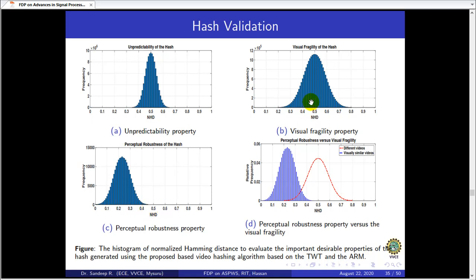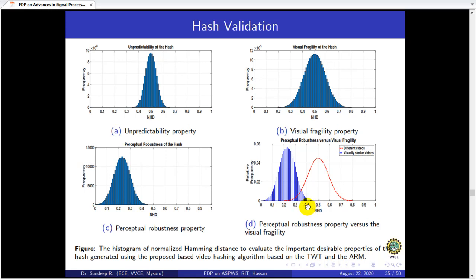Now, if you overlap the histograms obtained for visually similar and visually different videos, you can see that there is an overlap, but the overlap has reduced drastically, and this means that there would be very few misclassifications.